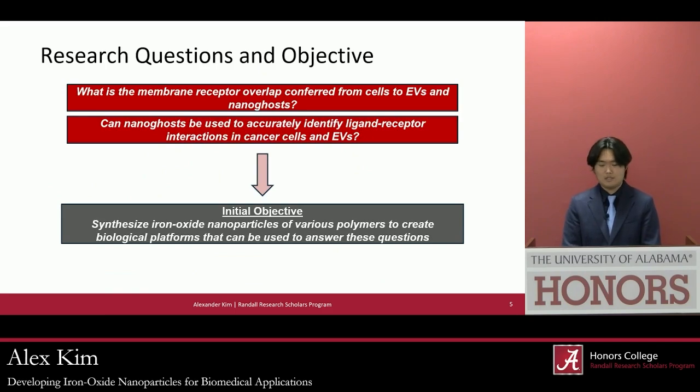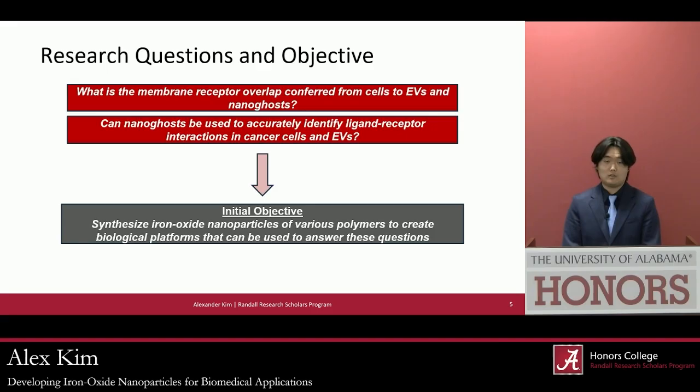And this naturally leads to our research questions and objectives. First, what is the membrane receptor overlap conferred from cells to EVs to nanoghosts? And two, can nanoghosts be used to accurately identify ligand-receptor interactions in cancer cells and EVs? You might be wondering why we're asking these questions in the first place. Well, it's simple.